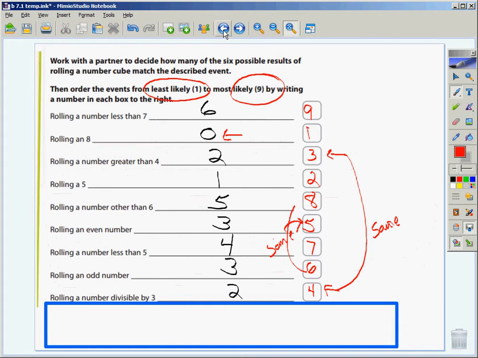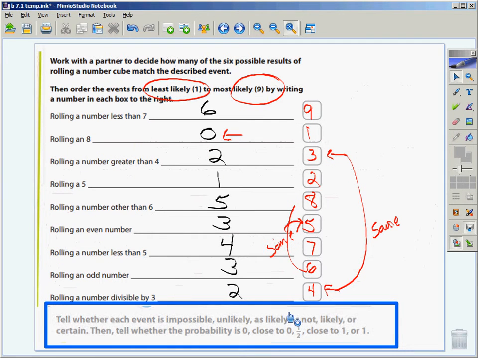Now we're going to go back to this chart, and we're going to decide from this chart if an event is impossible. In other words, the probability of it happening is 0. If it's unlikely, in other words, it's close to 0.